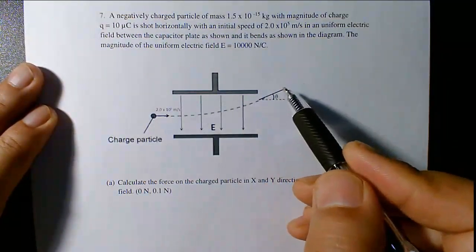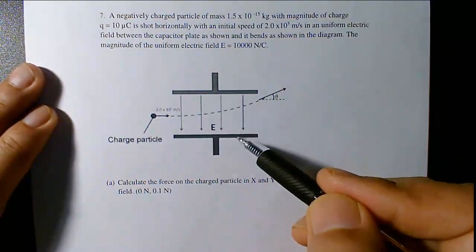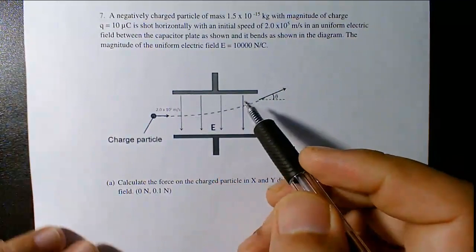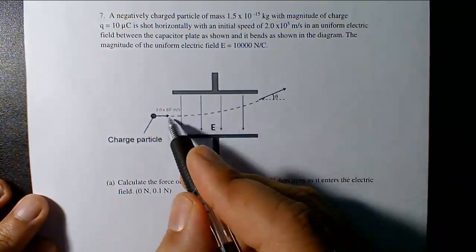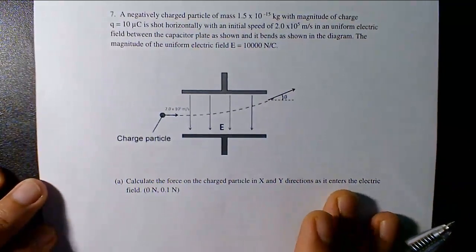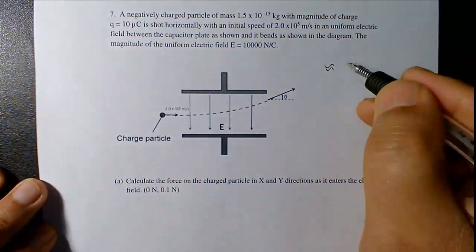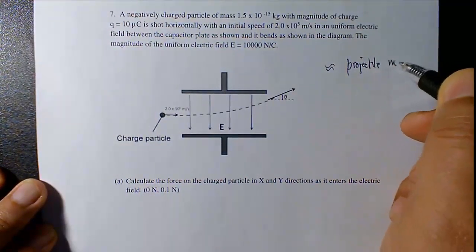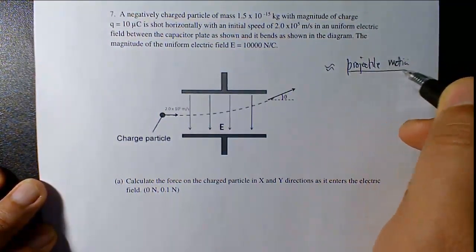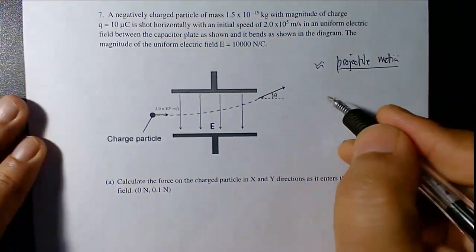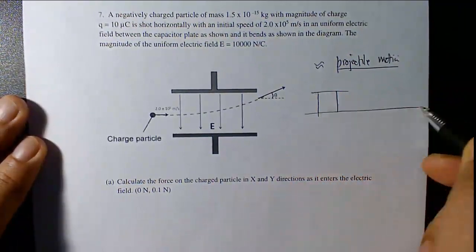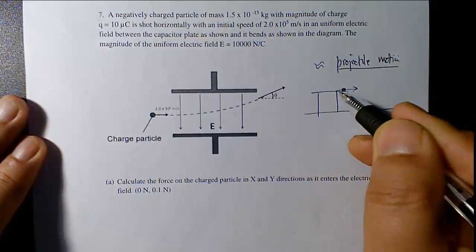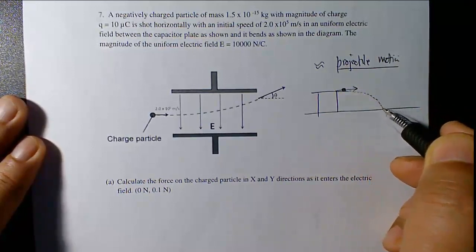It is deflected by the electric field, because the electric field exerts a force, and it takes a parabolic trajectory. This is similar to projectile motion, which is just the motion of a mass in a gravitational field. If you shoot some mass off the table, it takes a parabolic path like this.